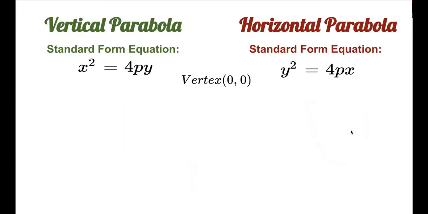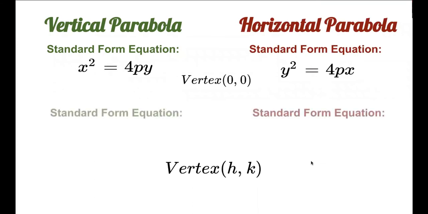All right. So we already have this information in our notebooks. Vertical parabola, horizontal parabola. This is the standard form of the equation of a vertical parabola and horizontal parabola with a vertex of 0, 0. Now we're going to have a vertex of H, K. In our X value, we're going to have H spaces.